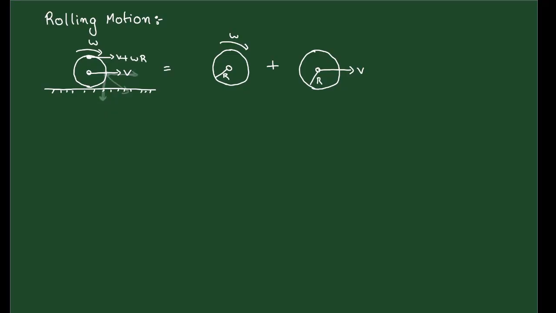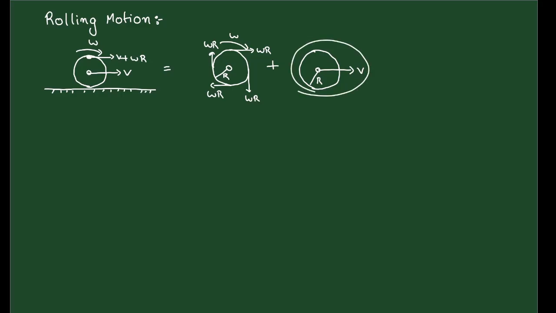Understood? So this is omega r, this is v, and omega r at each of these points. You get the idea. The velocity at each point is a combination of the rotational component of velocity and the translational component of velocity. That's the basic presumption of rolling motion.